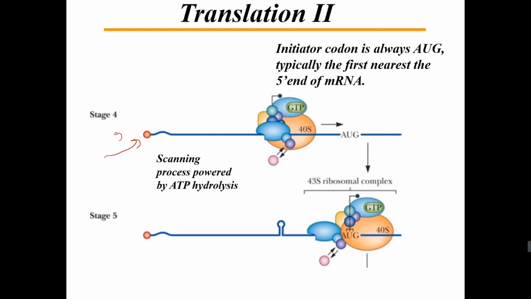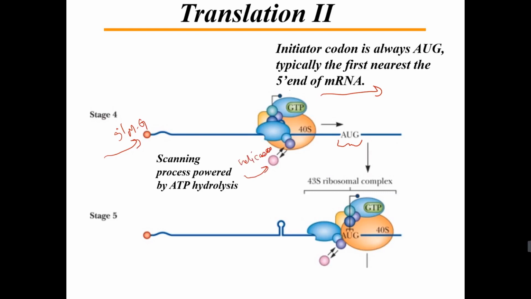Remember, this is the 5' methyl G cap added onto the transcript, and it will search for that first AUG codon by moving step by step in the 3' direction. You can see the direction this way, looking for this initiation codon. The scanning process is catalyzed by helicases that move along the mRNA, powered by ATP hydrolysis. And I think this represents one of the helicases, if I'm not mistaken.